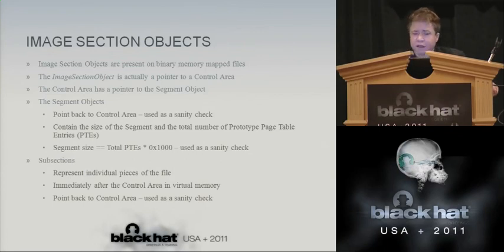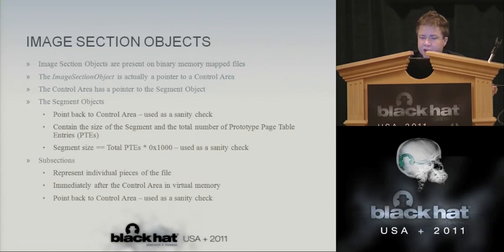That control area has a pointer to what's called a segment object. And then that segment object, if you wanted to do some sanity checking, would point back to the control area. So if you were scanning physical RAM for these things, you could do some sanity checking on these segment objects and control areas.